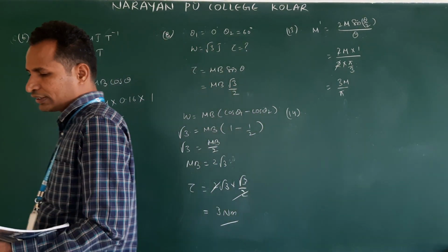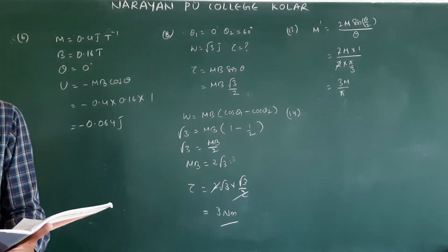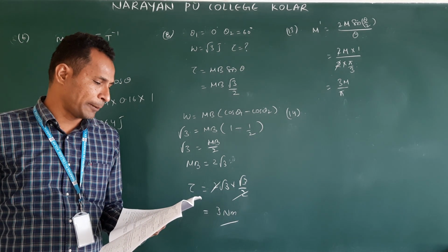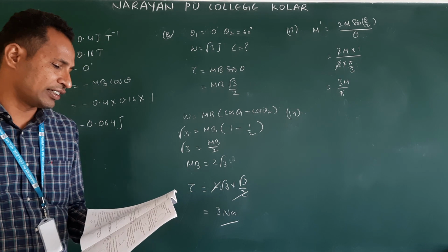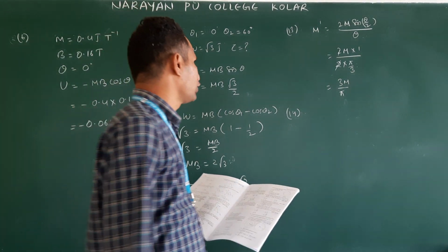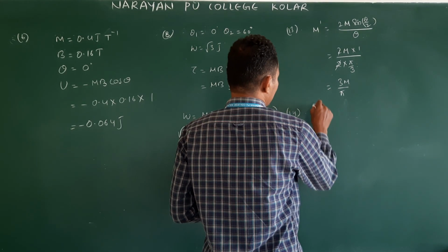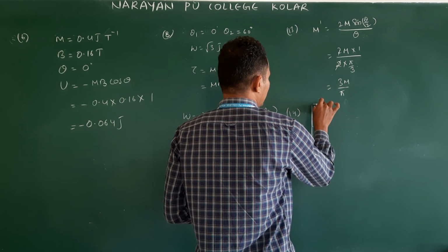Question 14. The following figures show the arrangement of bar magnets in different configurations. Each magnet has a magnetic dipole moment M. Which configuration has the highest net dipole moment? The dipole moments are the same. Now come to the first one. It is given like this: north, south.